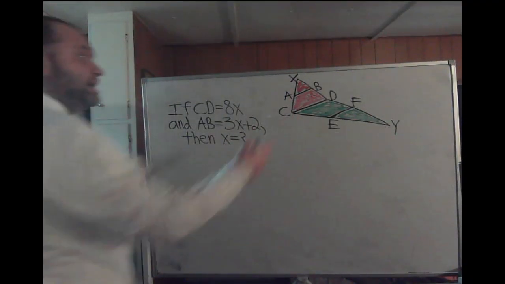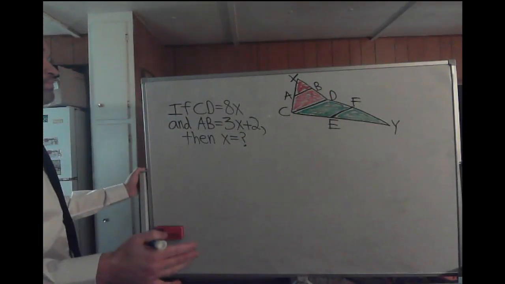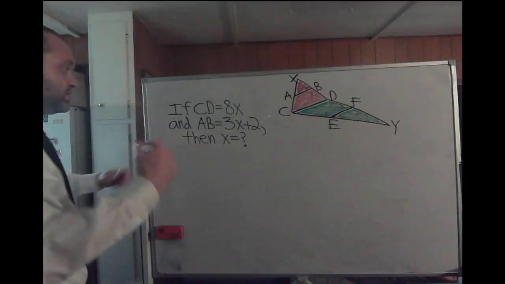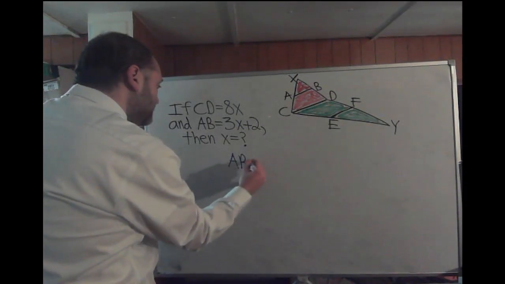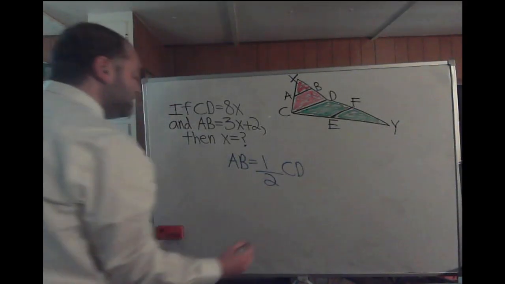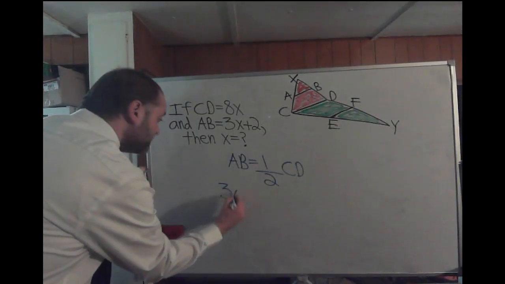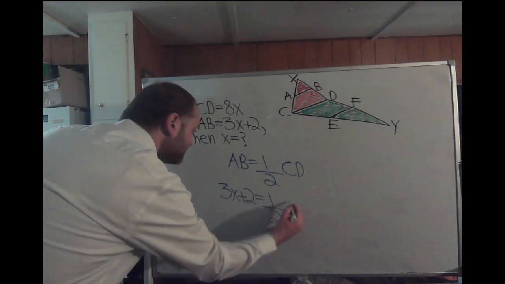Once again, AB contains the midpoints of XC and XD, which means it's equal to half the length of CD. So AB equals half the length of CD, which is 3x plus 2 equals half of what?